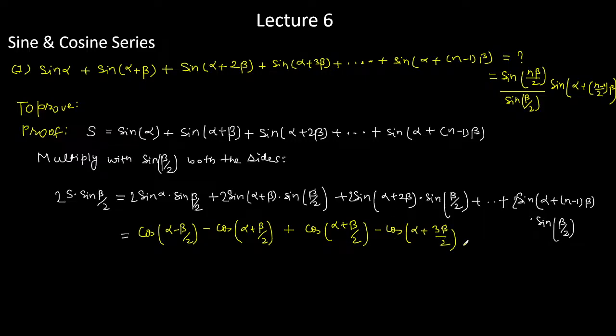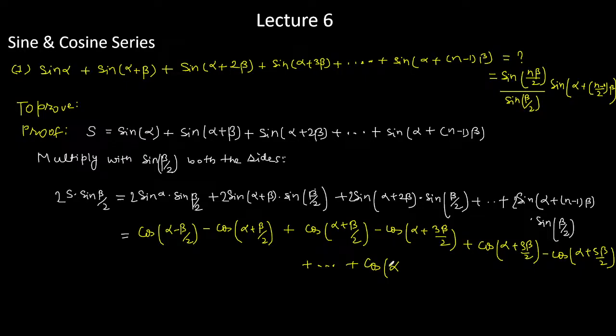So similarly it will go on opening. It goes on with cos alpha plus 3 beta by 2 minus cos alpha plus 5 beta by 2, with dot dot dot.